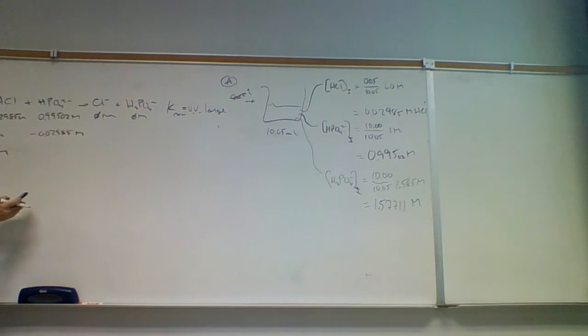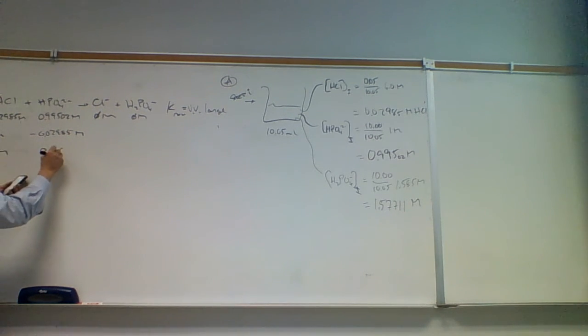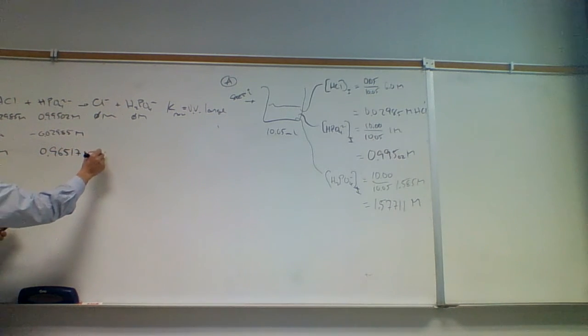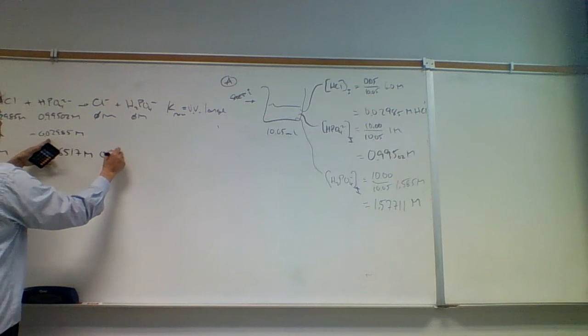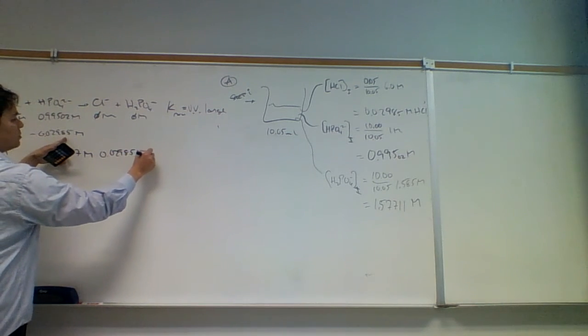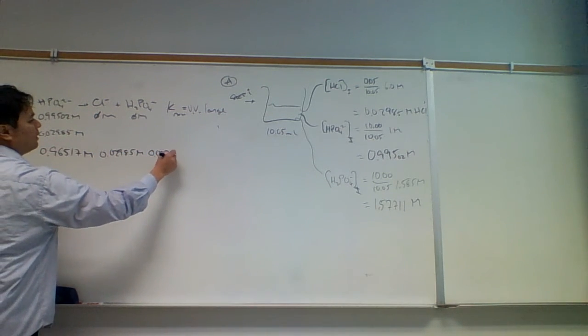Let me do that one more time. 0.99502 minus 0.02985. We have 0.96517 molar. And this will be 0.02985 molar. This will be 0.02985 molar.